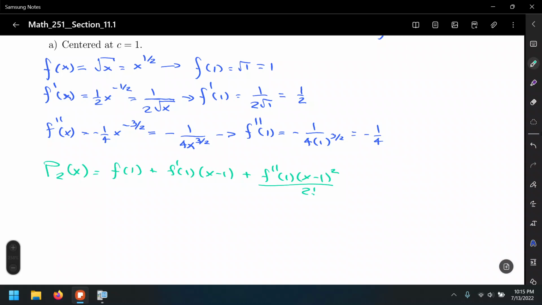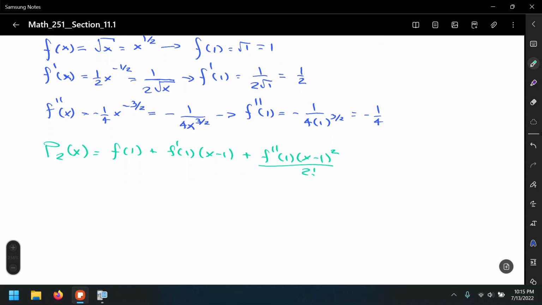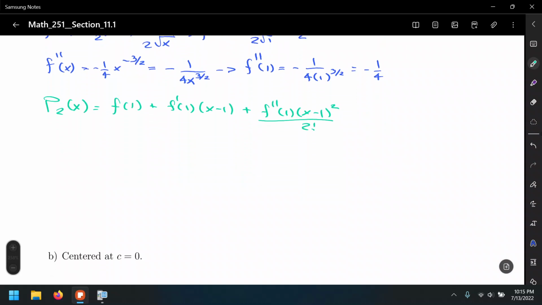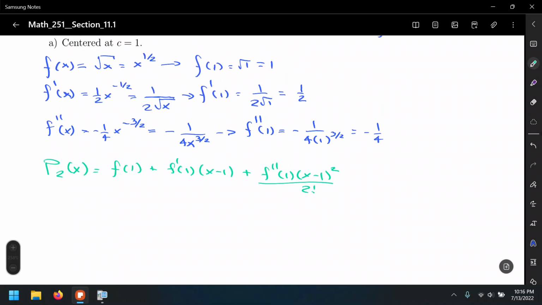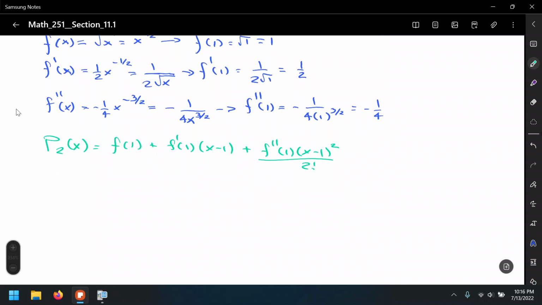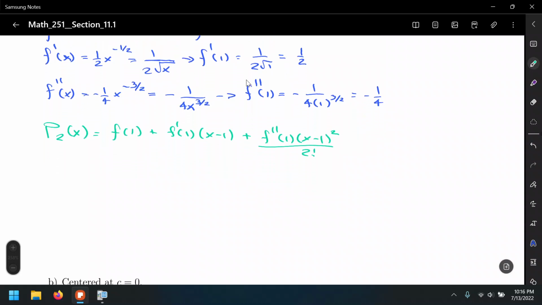That's great. Nothing beyond the second derivative. This should be very short. So f of 1 equals 1, f prime of 1 equals 1/2, and f double prime of 1 equals negative 1/4. That's what we're going to plug in and simplify.